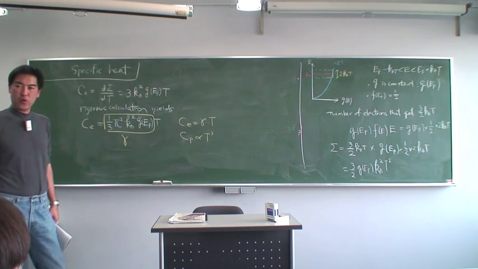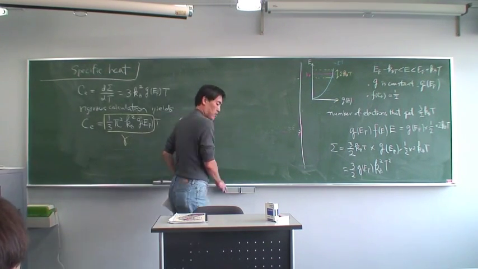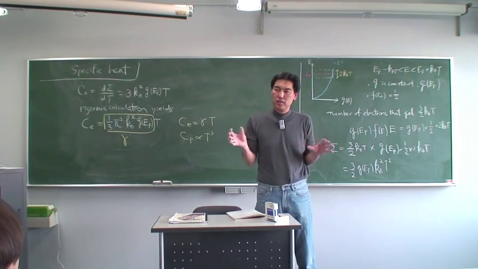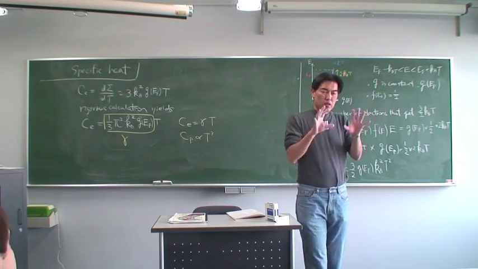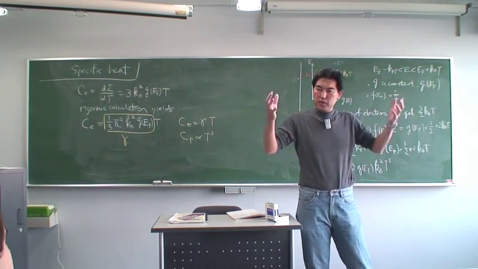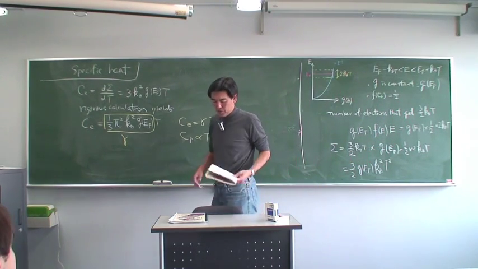P is for phonon. There's a little contribution from phonons. Phonon means lattice vibration. So you raise the temperature, you excite more phonons, so the total energy of the system increases. So usually you get contribution from both.